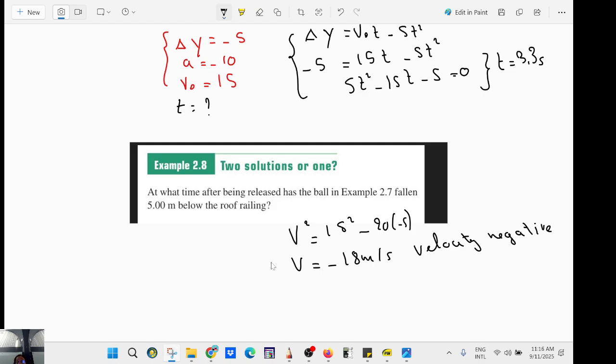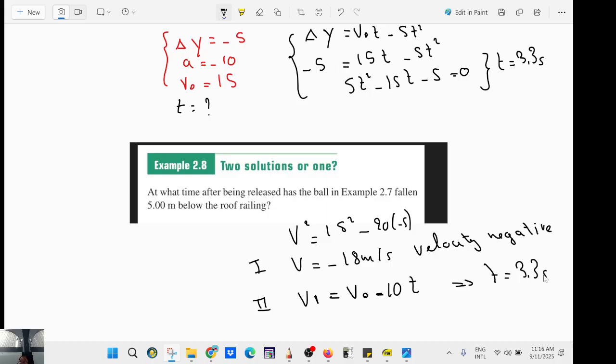So you do that first step, and then second step, you're going to use the equation: the final velocity, which we have, equals initial velocity minus 10t. Okay, so if you do it in two steps, you're still going to find t equals 3.3 seconds.